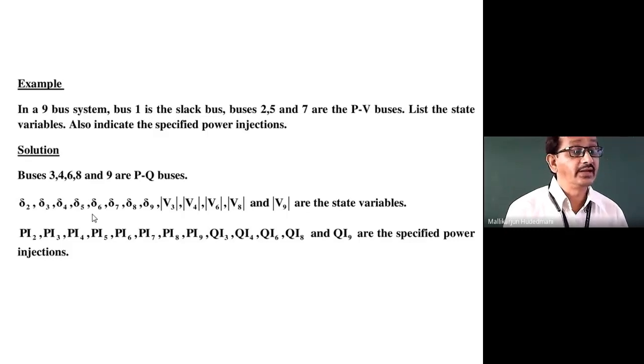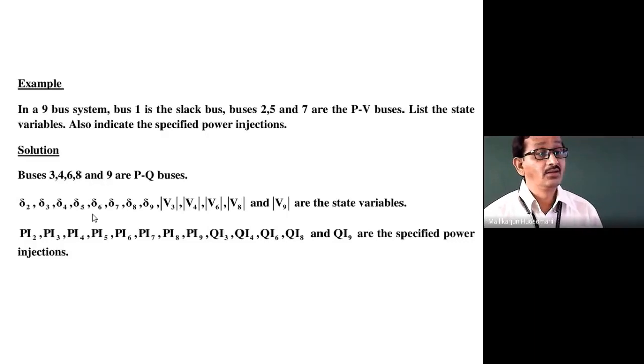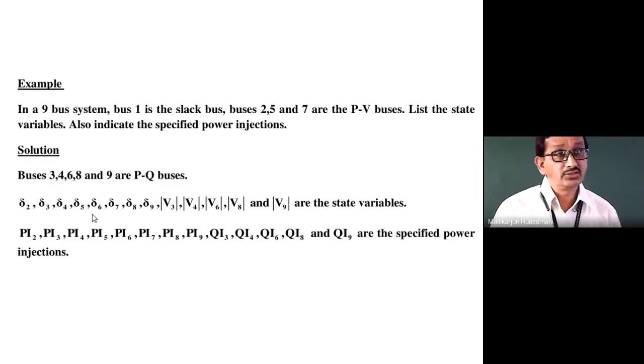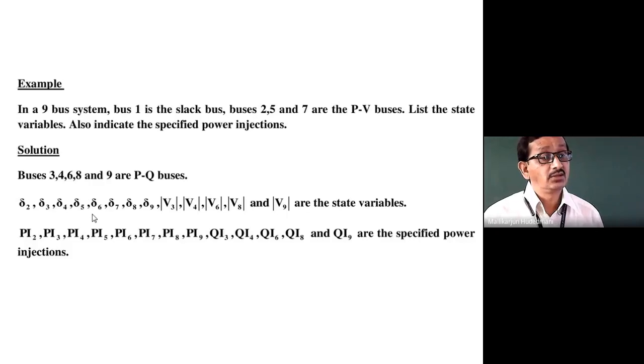Can you see? V3, V4, V6, V8, V9 are to be computed; they are the variables for me. You are able to apply what we learned in the previous slide here as my concept of dimension. Then, the calculations you have to perform are the active power injection with respect to buses and the reactive power injection with respect to buses.